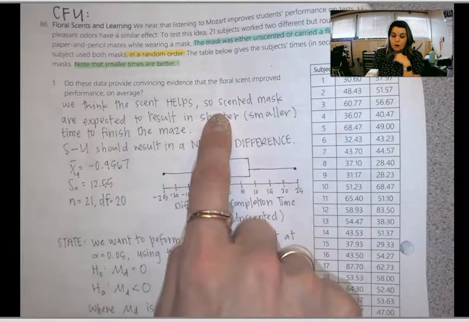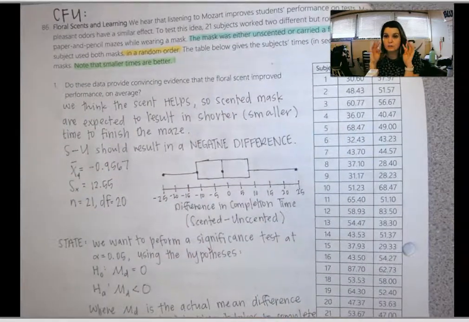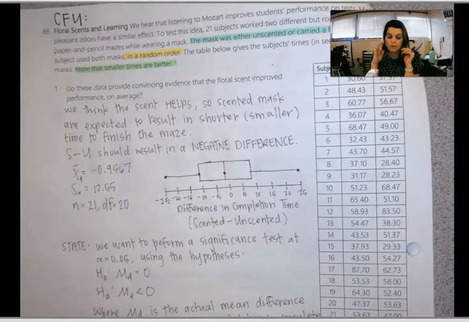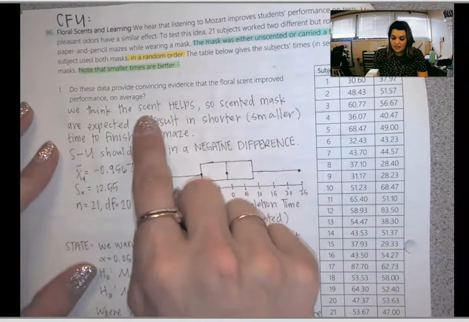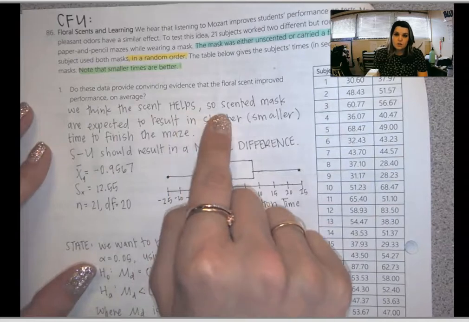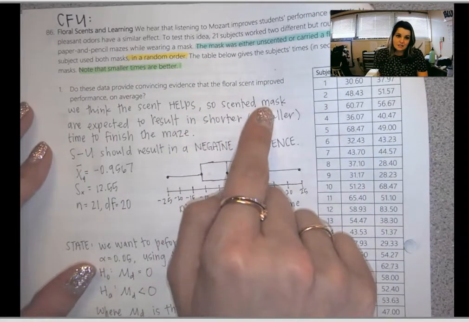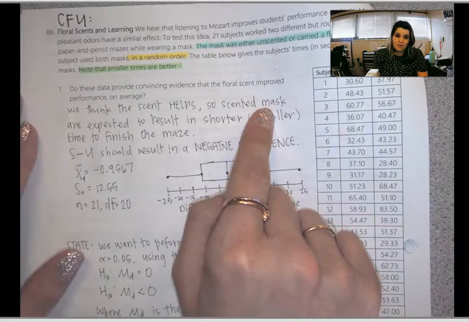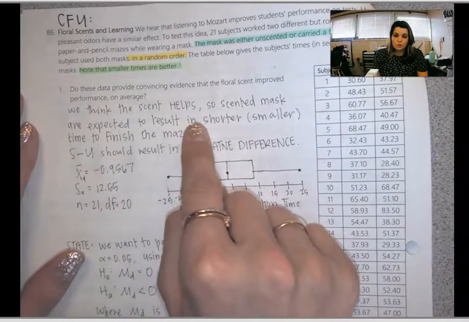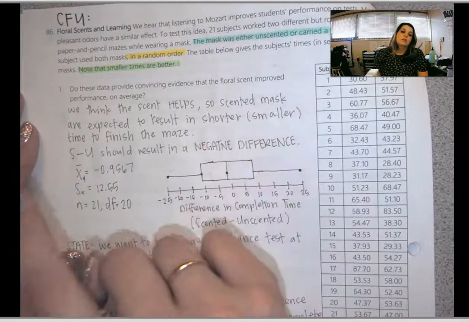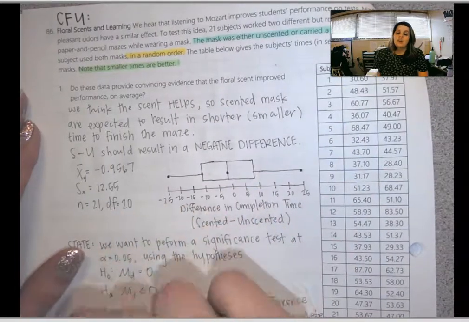So I had to write this out just so that I could wrap my mind around what they were telling me. So we think that the scent helps. So scented masks, or the scented mask time, are expected to result in shorter or smaller times to finish the maze.